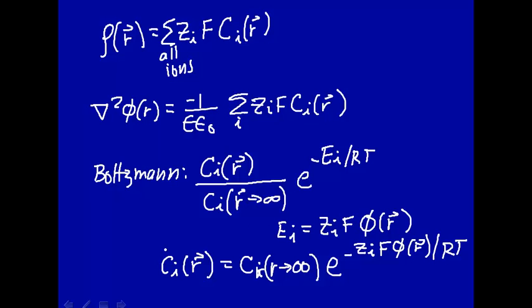All right, so there's that. We can substitute that in up here. Okay, and then we got the Poisson-Boltzmann. So we're using the Boltzmann equation, plug that into the Poisson equation, and we end up with the Poisson-Boltzmann equation.